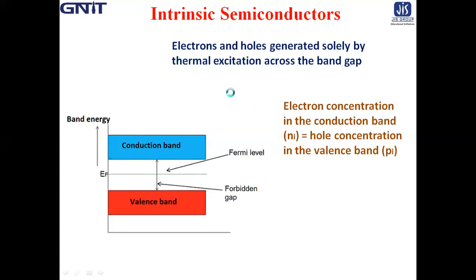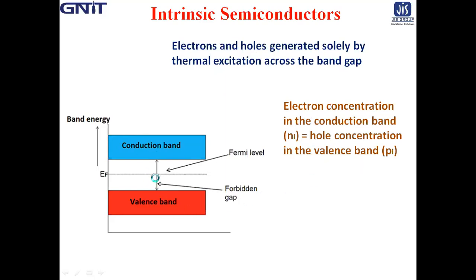A semiconductor in which electrons and holes are generated solely by thermal excitation across the band gap is called an intrinsic semiconductor. Thus, the electron concentration in the conduction band is equal to the hole concentration in the valence band for an intrinsic semiconductor.